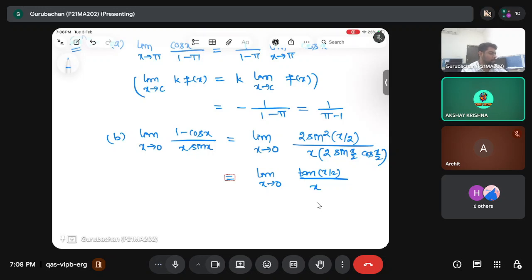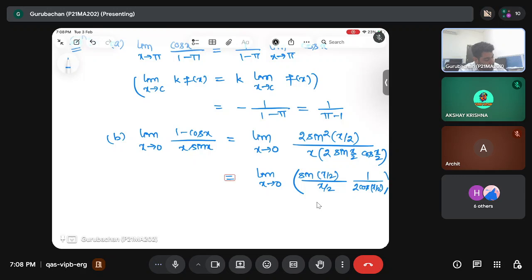You are correct, but there is some reason, no? Reason. So let me do it this way: sine x by 2 divided by x by 2 into 1 by 2 cos x by 2. Can I write like this?